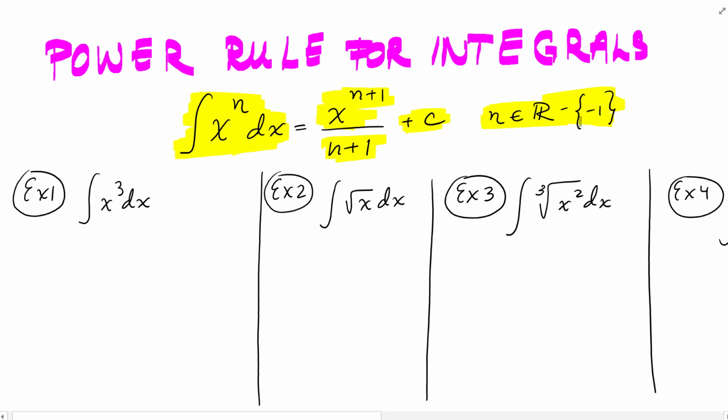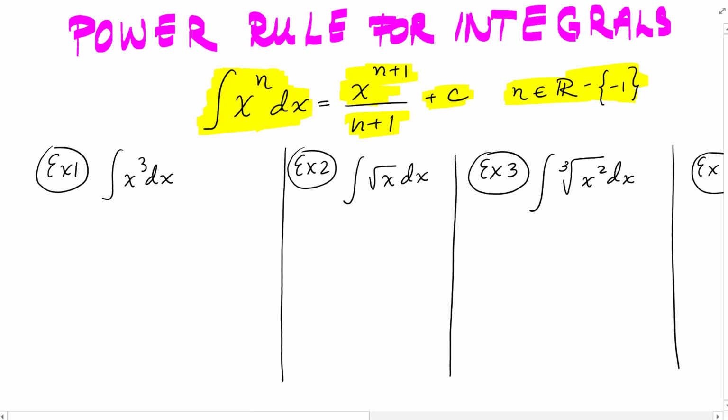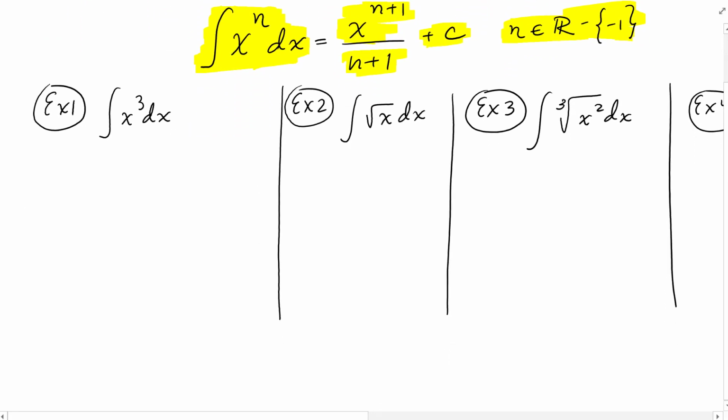And we'll see what happens at negative 1. So the formula says just add 1 to the exponent and divide by that number. So let's look at some examples.